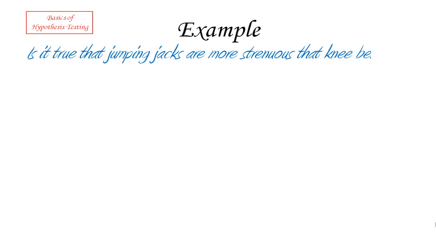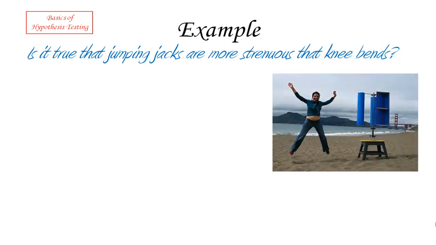Let me give you a basic example just to see how these things apply. You may remember that on the first day of class we did either jumping jacks or knee bends. And the question is, is it true that jumping jacks are more strenuous than knee bends? Well, it seems reasonable to assume so. Even if you have done jumping jacks and knee bends, you know that jumping jacks tend to make you puff and pant a little bit more than knee bends.